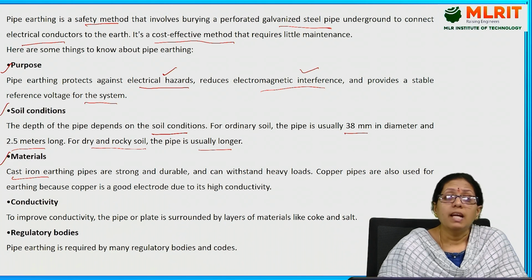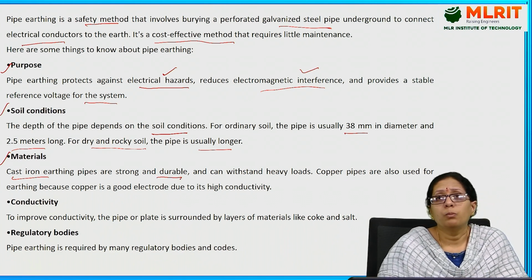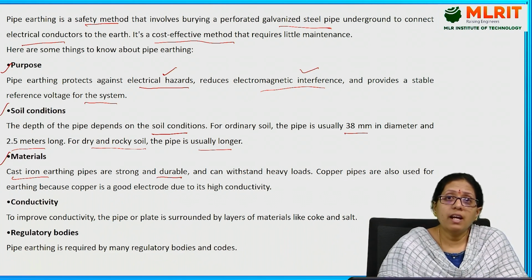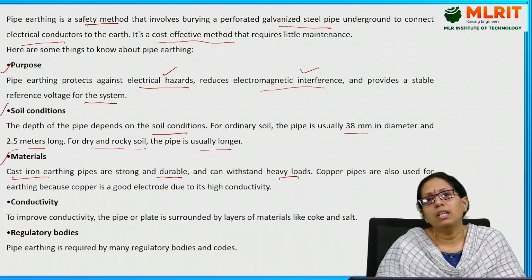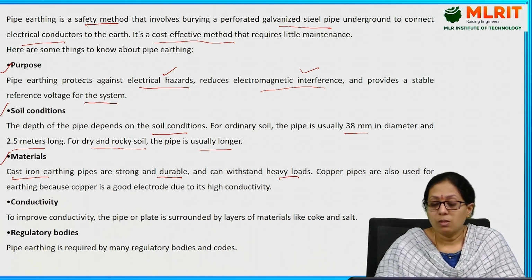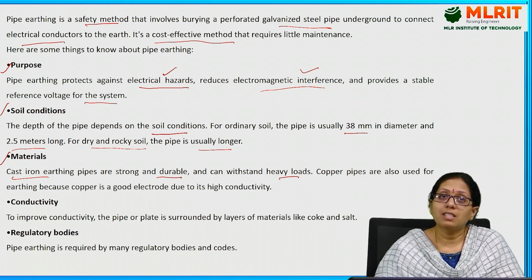Mostly cast iron earthing pipes are strong and durable, which means the lifetime is more and they can withstand heavy loads also. We need to check the different types of loads connected to this earthing system, and based on the maximum load capacity we decide the materials.